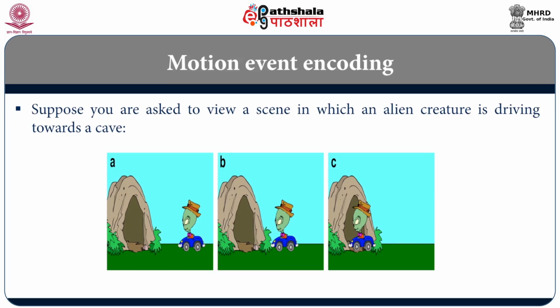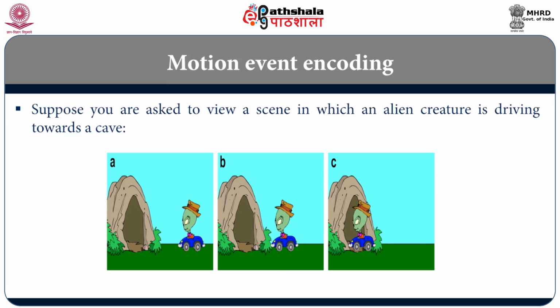It involves the motion of an alien creature who is sitting on top of a car and is trying to go into a cave. You are shown 3 sequences of this picture. In sequence A, the alien is sitting on the car and the car is quite far away from the cave. In sequence B, the alien on the car has approached the cave. In the final part, it's entering the cave.